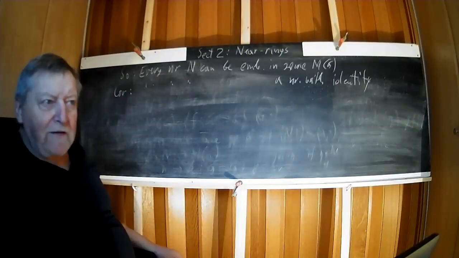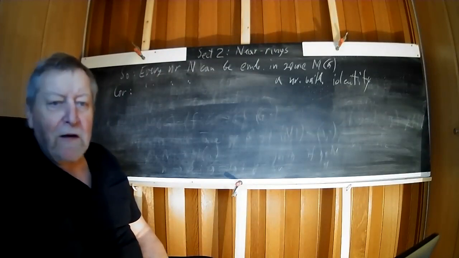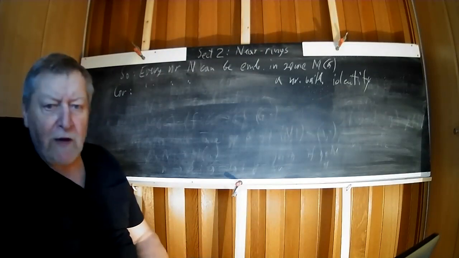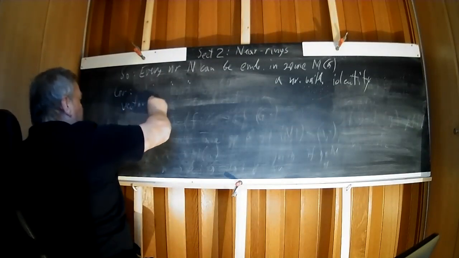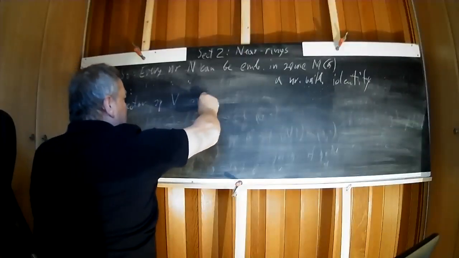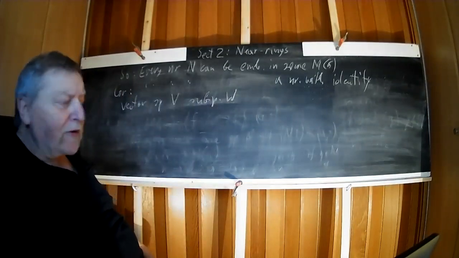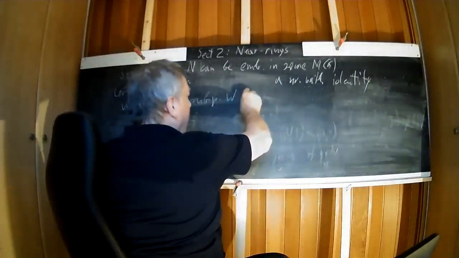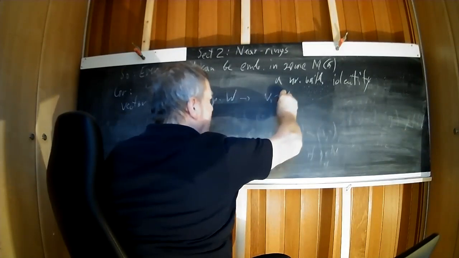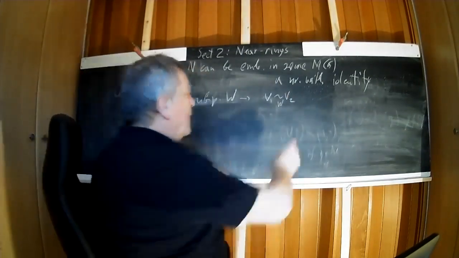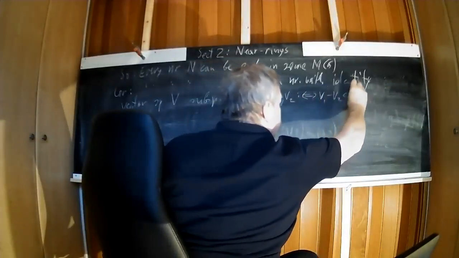If we look back at our early childhood, when we learned about vector spaces in the first year of university, we also knew that every vector space has subspaces, and if a vector space V has a subspace W, then the subspace induces an interesting equivalence relation in the following way: if we have two vectors v1 and v2, they are equivalent with respect to this subspace W if and only if the difference v1 minus v2 is in this subspace.